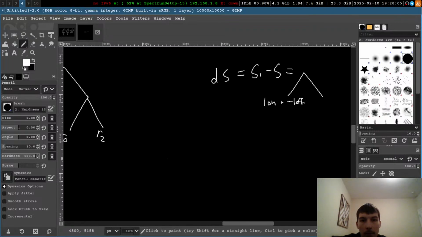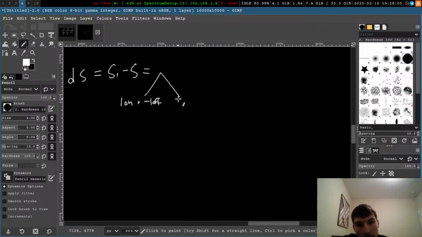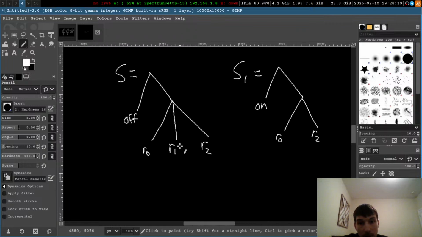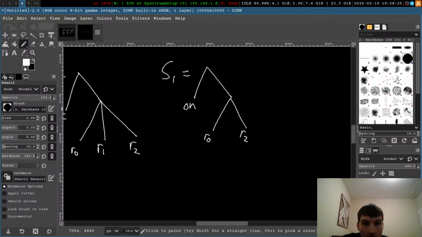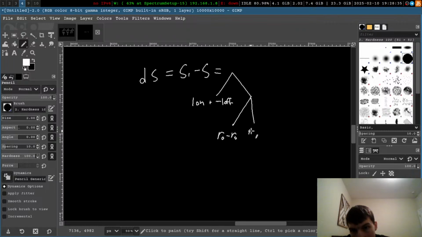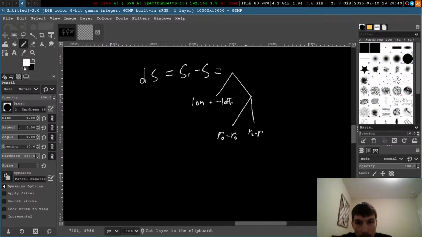okay, what's the next step? We have R0 and R0. This is just going to be R0 minus R0. R0 minus R0. This is going to be R2 minus R1. Right? Oh my god, it's R1.